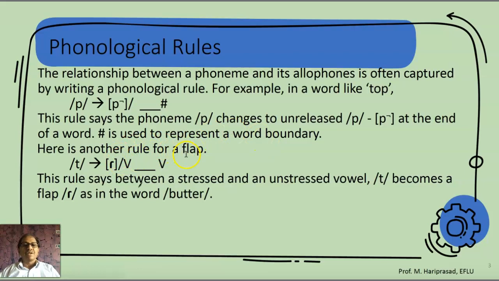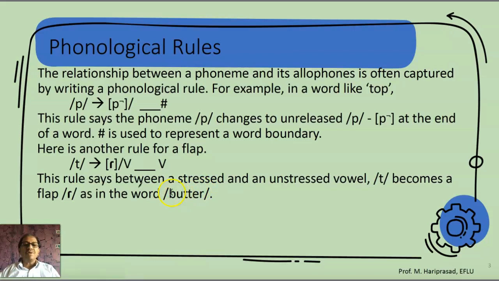Here is another rule for a flap. A flap is again an allophone of t, which occurs between a stressed vowel and unstressed vowel, right? This is a stressed vowel and this is an unstressed vowel. Then you have the flap. For example, you have butter, right? The t here is a flap, right? But the first vowel here is a stressed vowel and the one here, schwa, is unstressed.